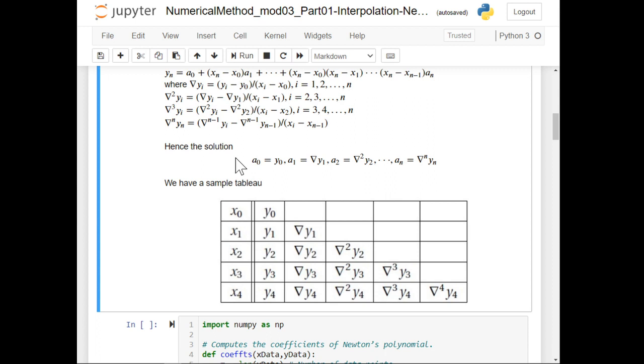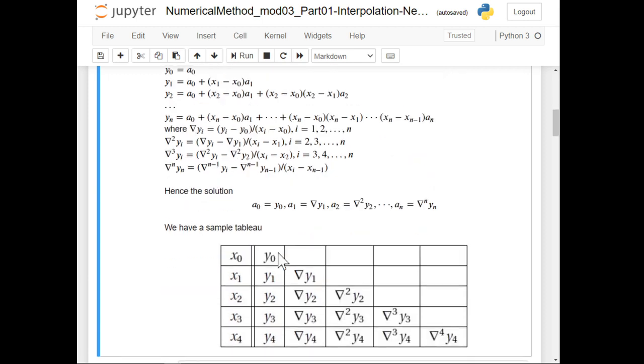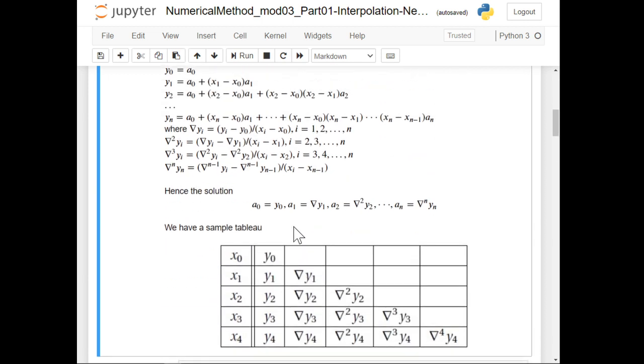So basically our goal for polynomial interpolation here is to get the value of your a0, a1, a2, an using the data points. Okay, so that's why somehow we call it reverse engineering. So we have this tableau. Okay, so we will demonstrate.